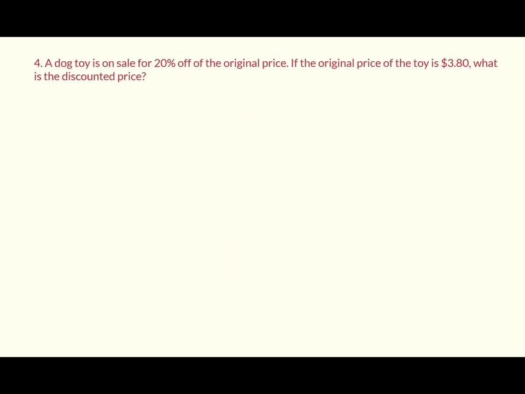Number 4 says a dog toy is on sale for 20% off of the original price. If the original price of the toy is $3.80, what is the discounted price? So the original price is $3.80. So that's the original. They're asking me what's the new price. And this 20%, you'll see it says 20% off.